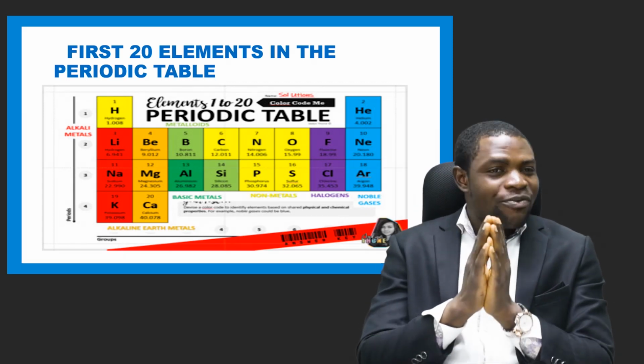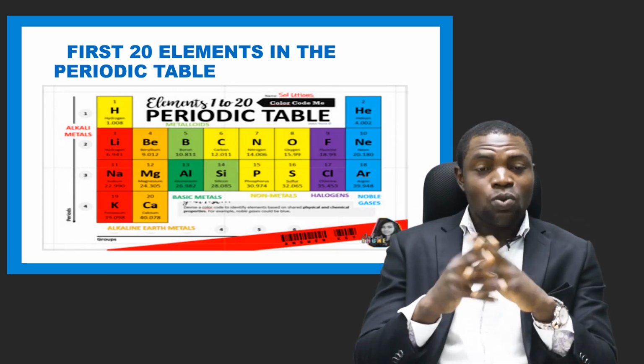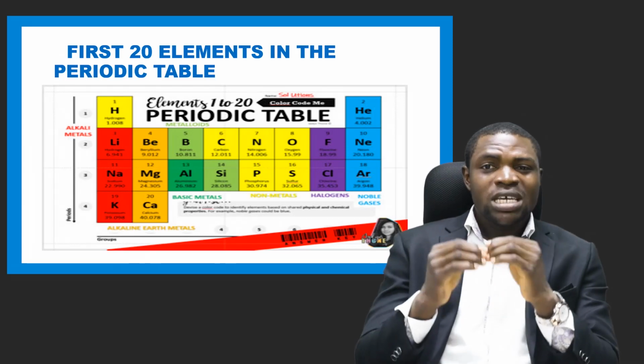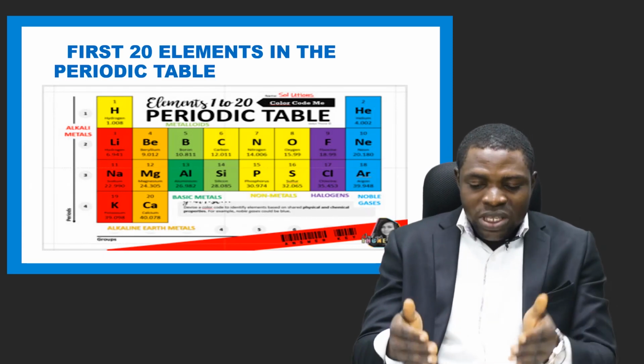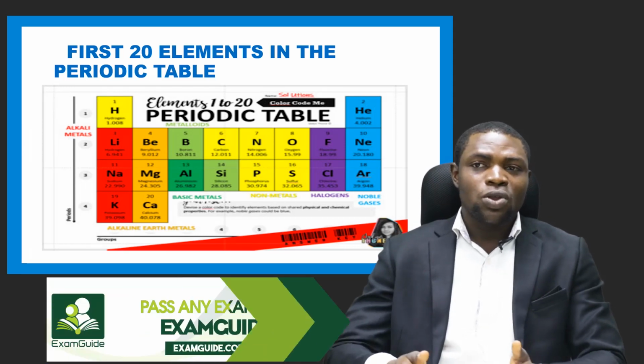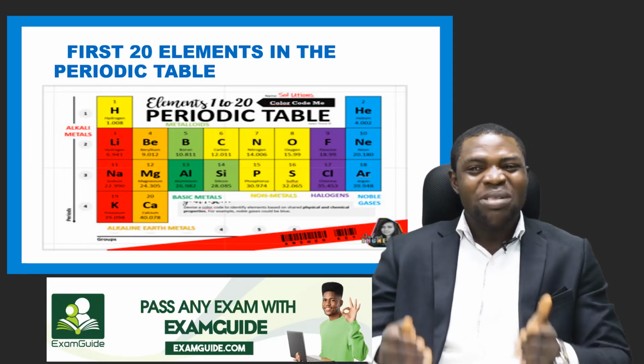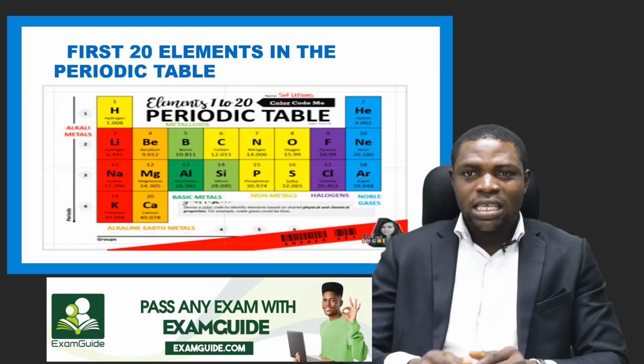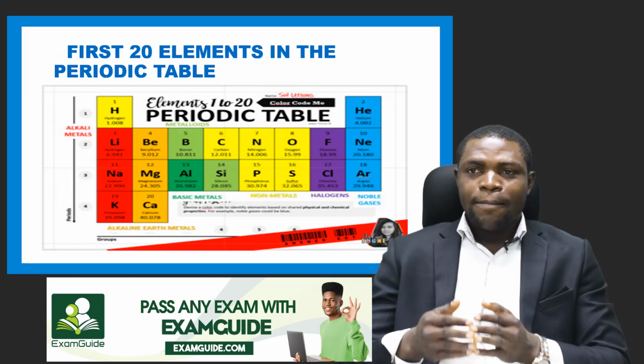Now, having known the first 20 elements, what you must know first is the atomic number of each element. If you don't know the atomic number, you may not be able to place them strategically on the periodic table.